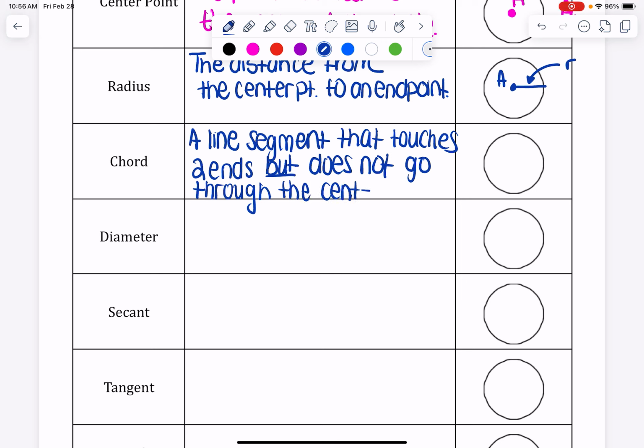Okay? That's what makes it different from a diameter. Okay, so in other words, let's say our center point was here, okay? Let's say a chord doesn't go through the center, but touches two endpoints, so here to there. This right here would be a chord. Okay, so it doesn't go through the center.